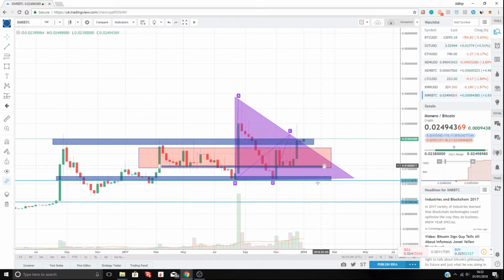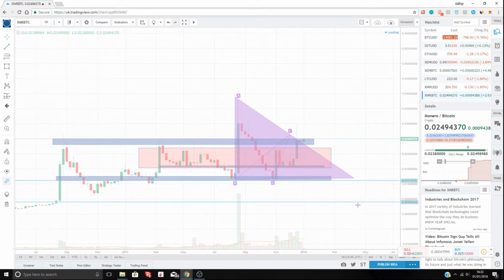It was caught in this triangle as well, and it did actually manage to break out of this triangle and come back to retest it, and now it's bouncing off of it. And as you'll see when I zoom into the lower time frames, there's some confluences. As you can already see, there's a confluence here between this range, this resistance held up by this range, and the triangle.